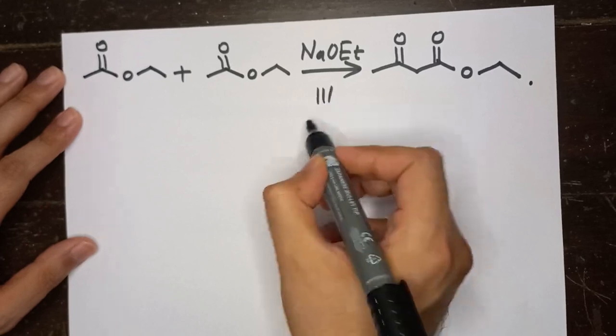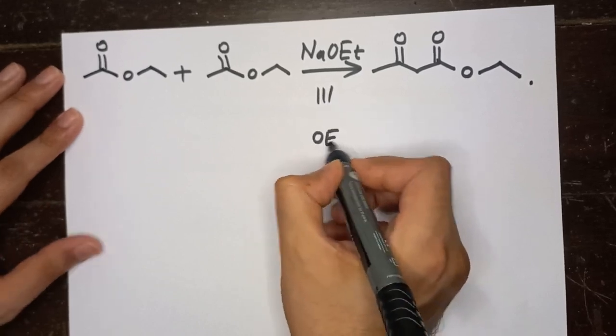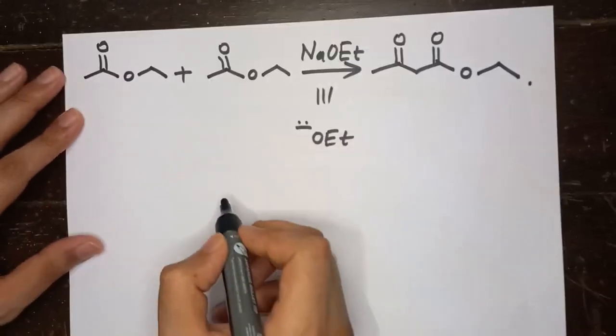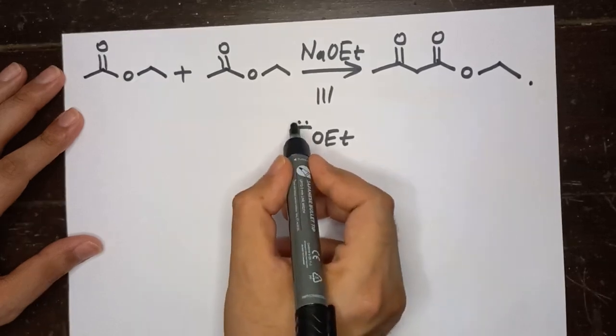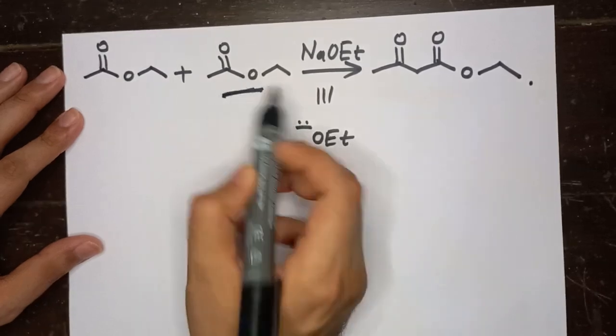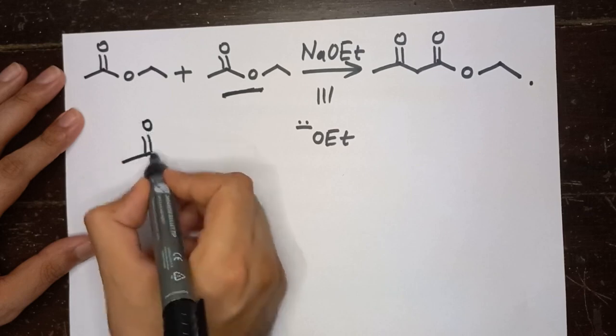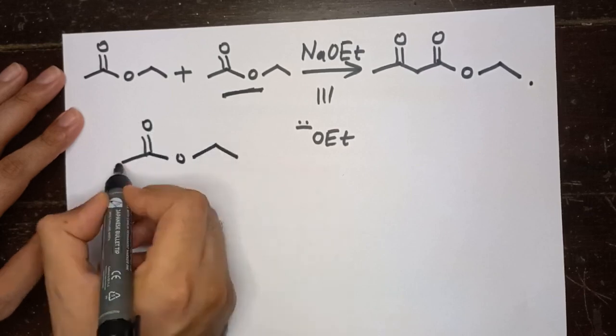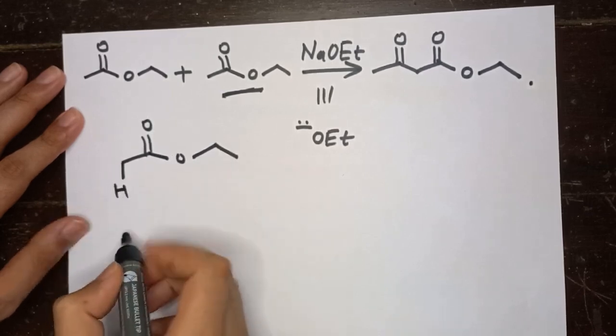So we know that sodium ethoxide is a base. It is going to grab the acidic proton present in this ester. So this is my ester molecule. This is my hydrogen.